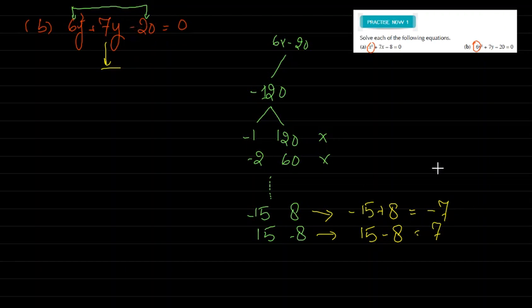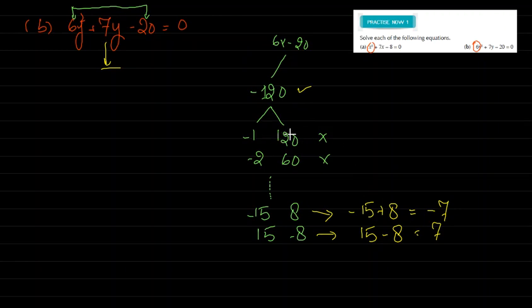It gives a value of minus 120. Then we have to make the factors in such a way that when we multiply the two factors, the product is equal to minus 120, whereas the sum is equal to the middle one, that is 7.